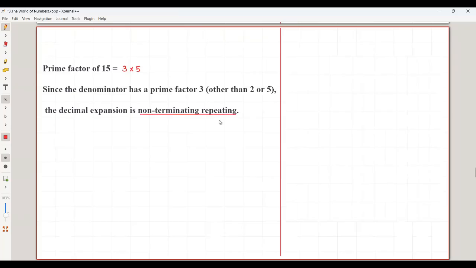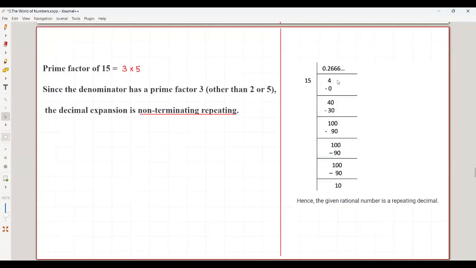Second case, non-terminating repeating. We can just divide and check. I'll just show the division. If you divide 4 by 15, we get 0.26666. The decimal expansion is repeating, so 6 is repeating. Now this is the second question.